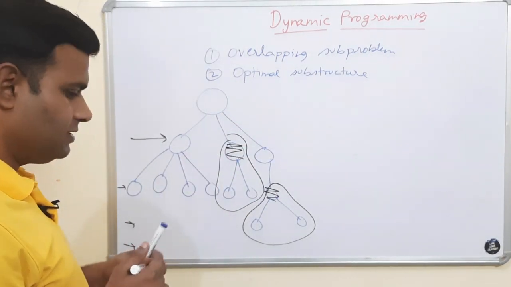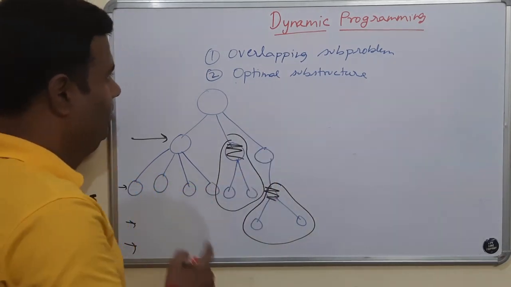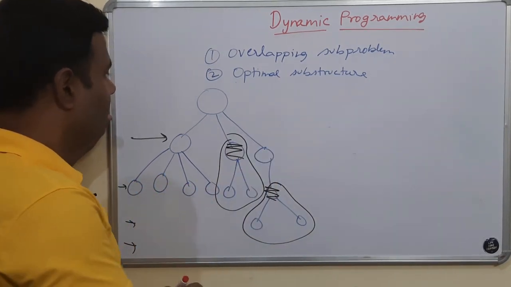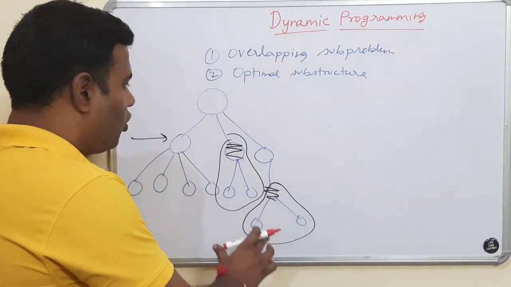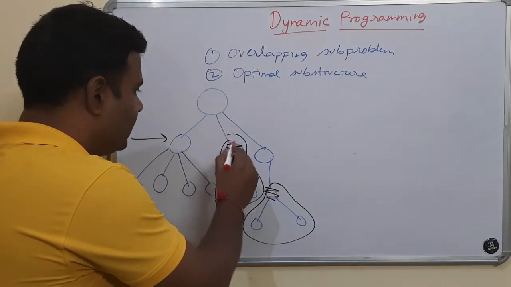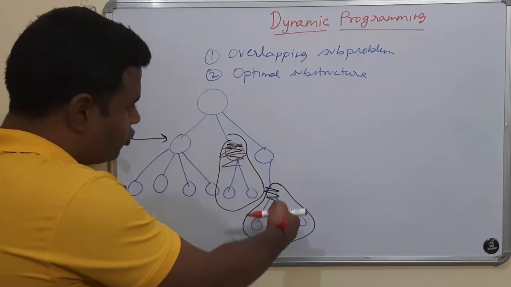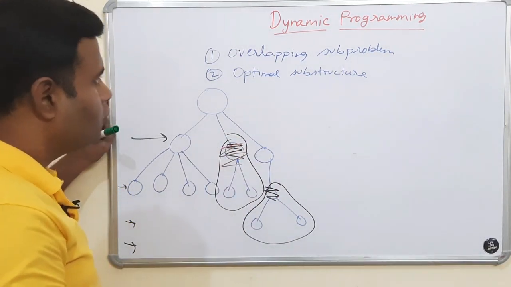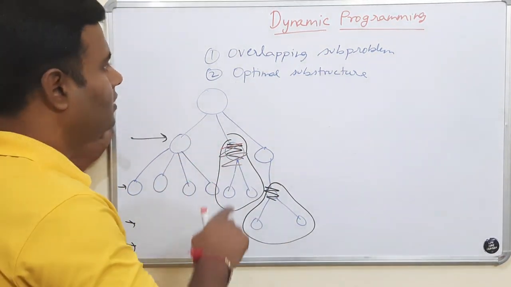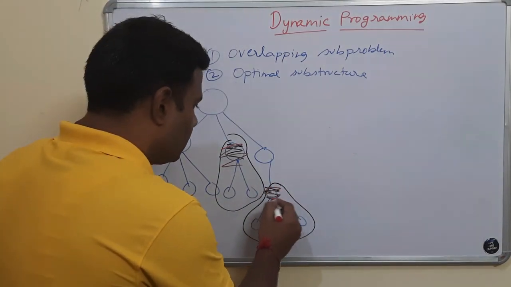Now, what is optimal substructure? When we say optimal substructure, we are saying that whatever optimal solution exists for this problem, the common subproblems will also have a similar optimal solution.